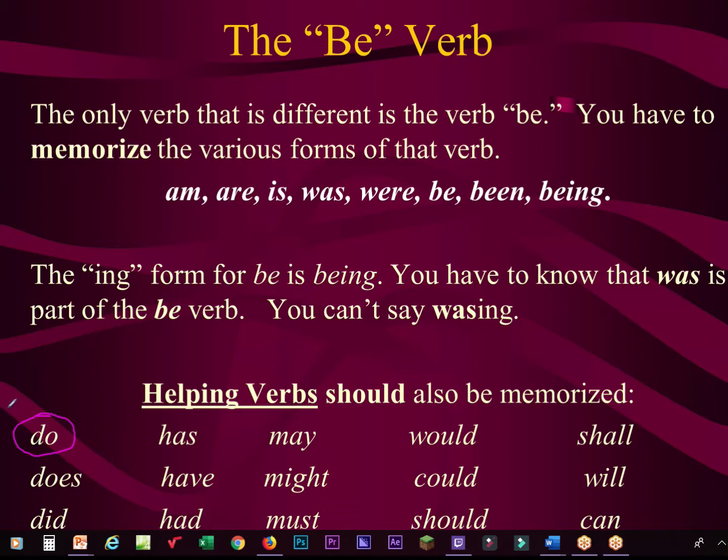I could say "they do," plural, but "he does," singular. And this one is the past tense. The past tense never changes from singular to plural. This one would be singular. It has an S. "He has." This would be plural. "They have." Do you see? So the helping verbs will be the ones that change form.